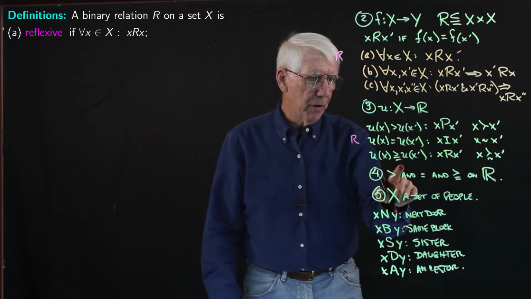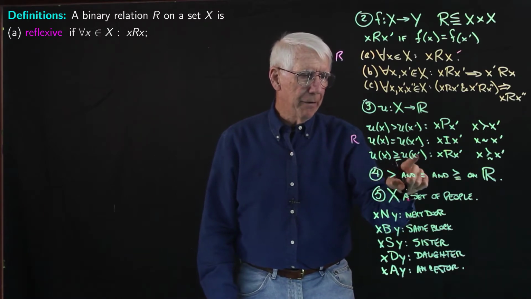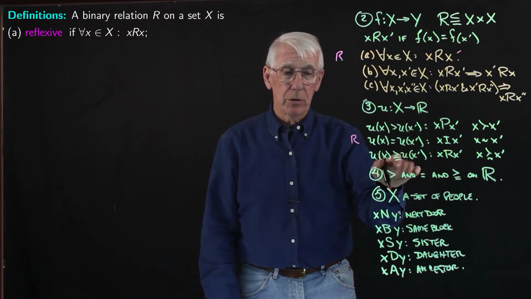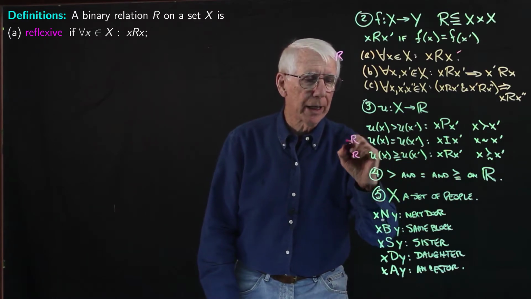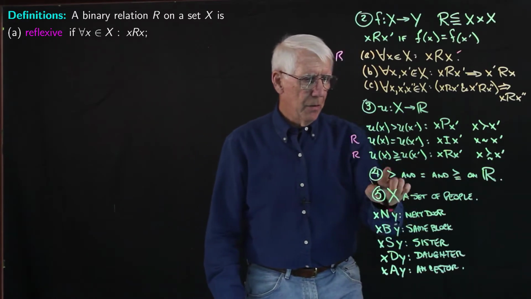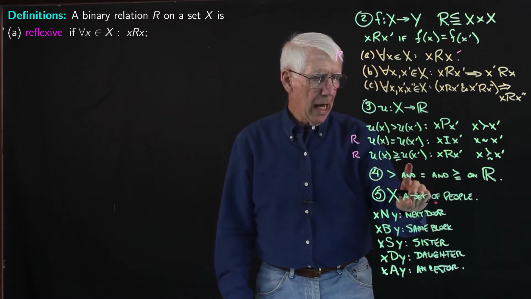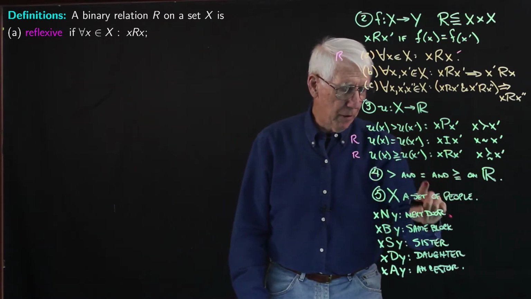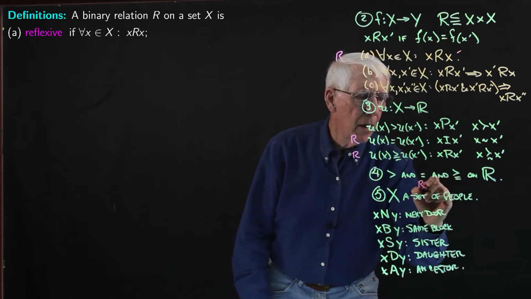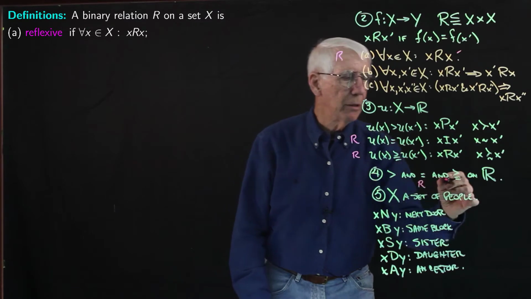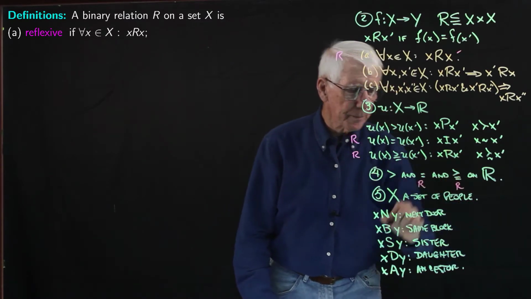And of course, this is reflexive because every element has U of X greater than or equal to U of X. So this is reflexive. This is clearly not reflexive. No number is bigger than itself. This is reflexive, of course. And this is reflexive because every number is greater than or equal to itself.